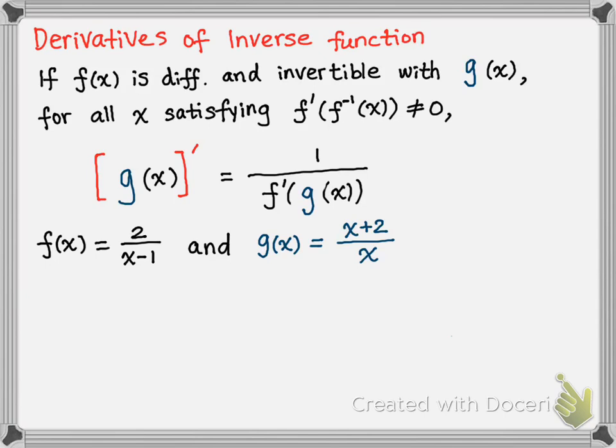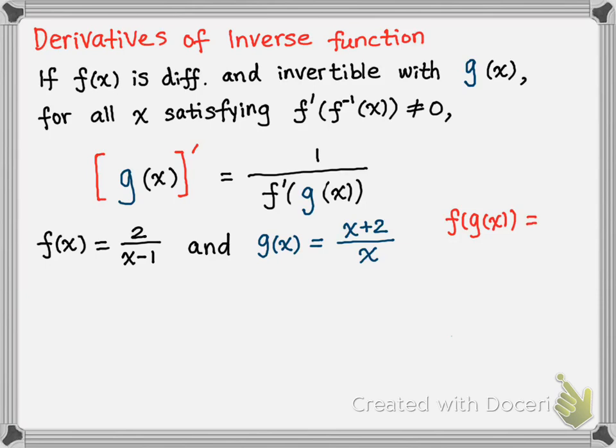Let's take a look at this example here. f of x equals 2 over x minus 1 and g of x equals x plus 2 over x. These two functions are inverse of each other. To verify that, we can compute f of g of x.